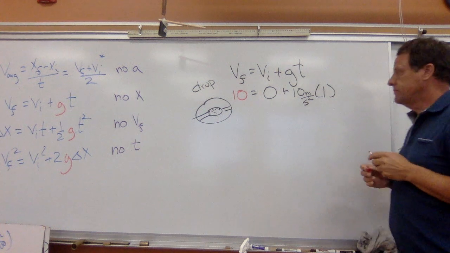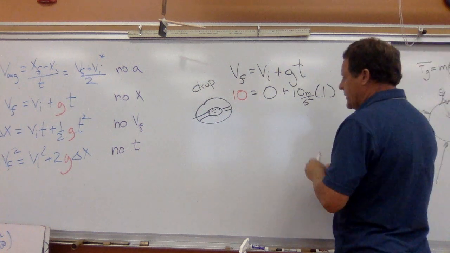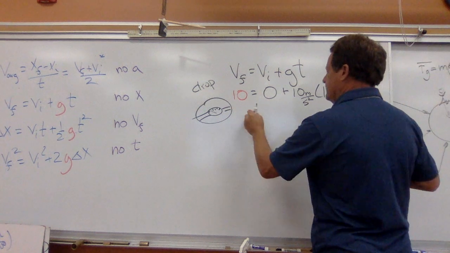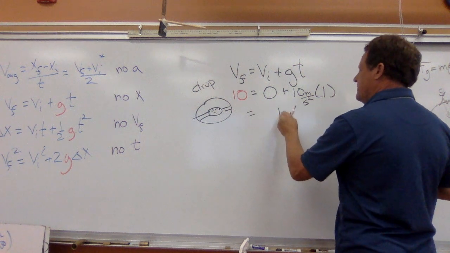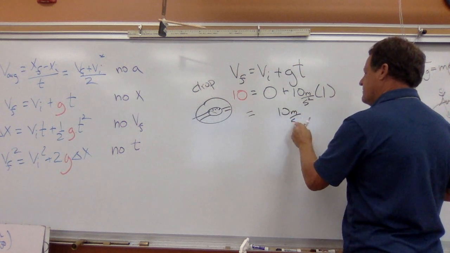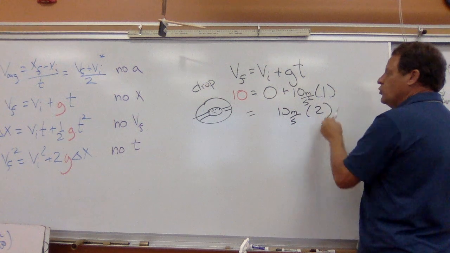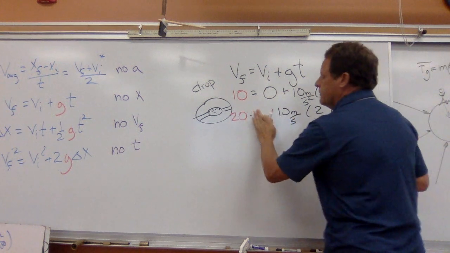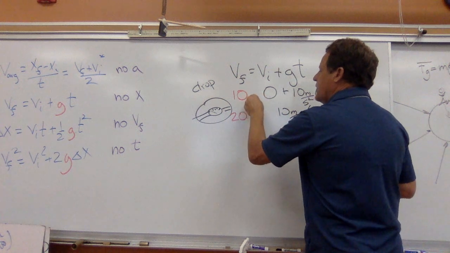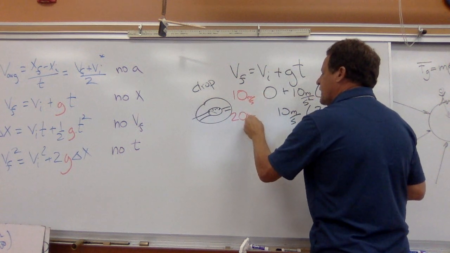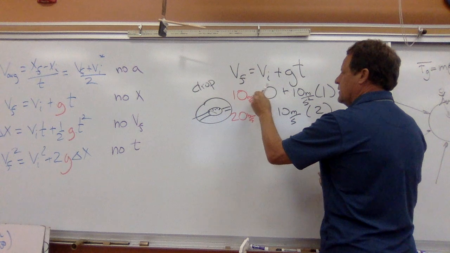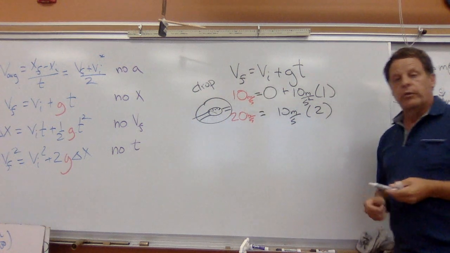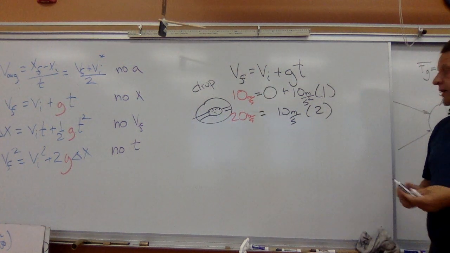Well, what if we have 2 seconds? All right, then it's going to be 20. And those units are going to be meters per second. Okay, what would it be if we went for 5 seconds?